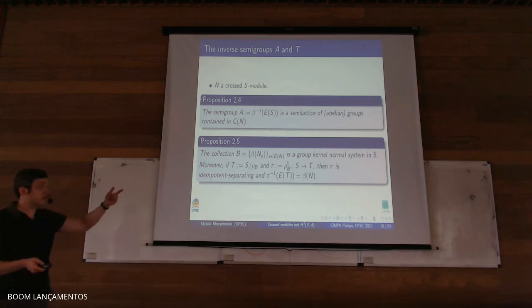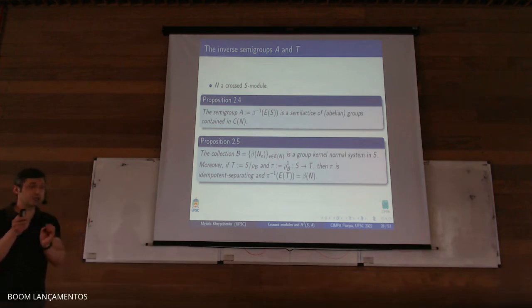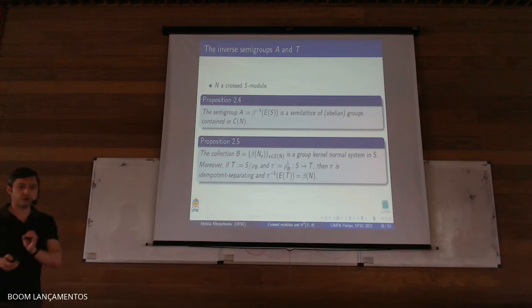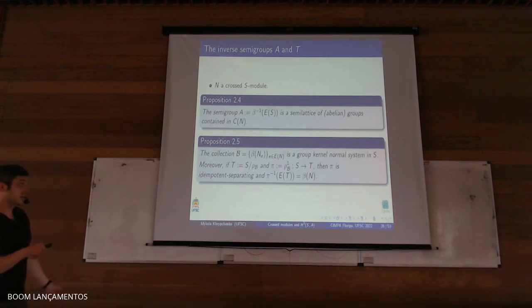In the inverse semigroup case, you may define the quotient of your inverse semigroup by some collection of classes of idempotents, such that each one contains exactly one idempotent, it's a group. And this is called a group kernel normal system. You may define the congruence, and the quotient semigroup, and it will be inverse. So this is that cokernel.